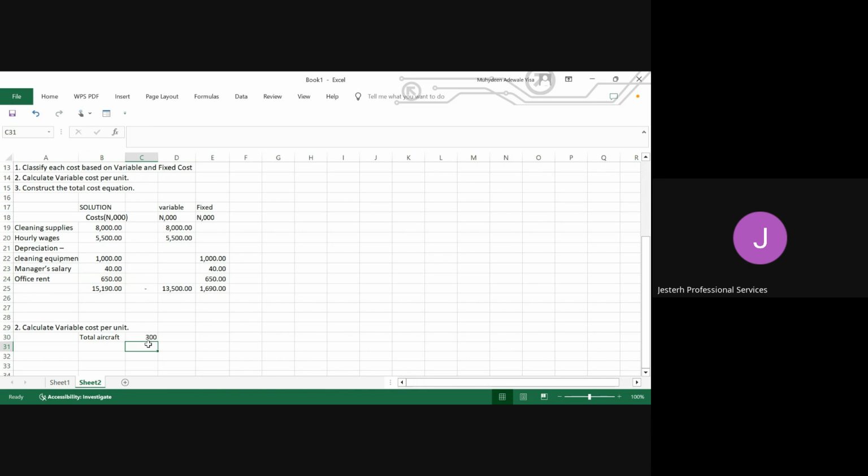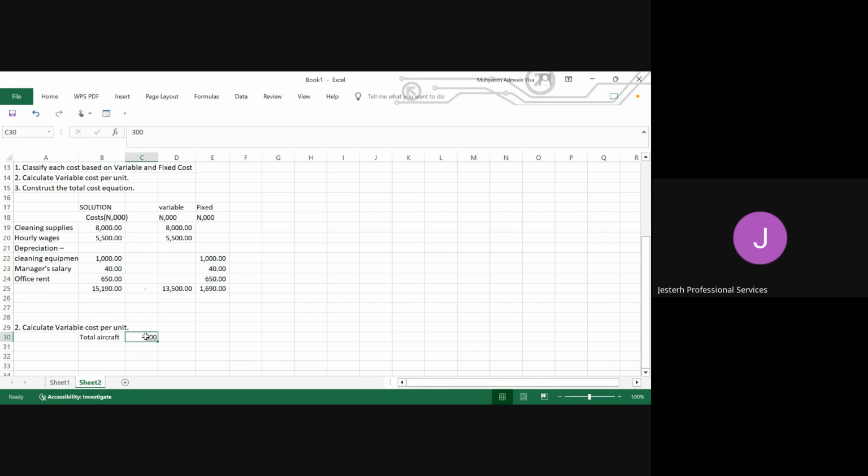When they calculate all their costs, they determine that the total variable cost spent to render service to all these 300 aircraft is 13,500. We want to know how much it costs to render the service to each aircraft. What is the variable cost per unit? It's very, very simple.